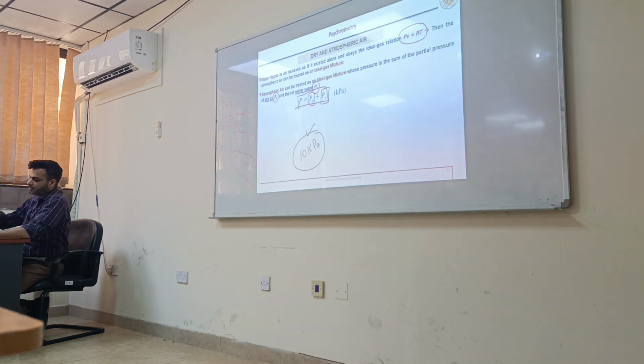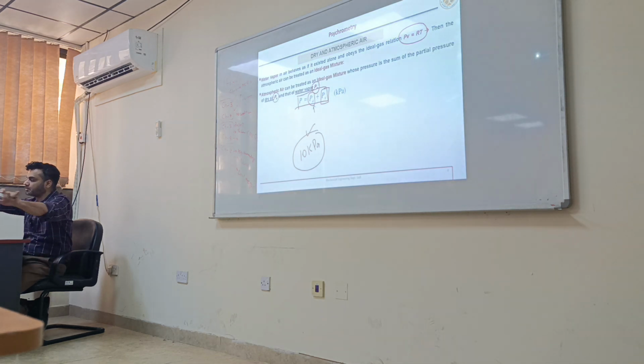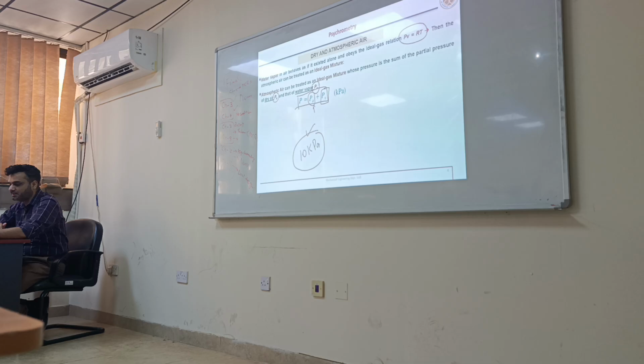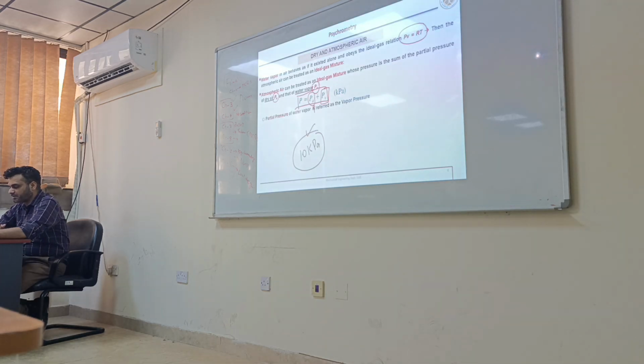Yes, as you go away it also changes, but we are talking about the surface, sea level. The pressure of water vapor is also known as vapor pressure, or partial pressure of water vapor.